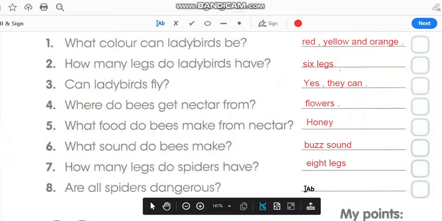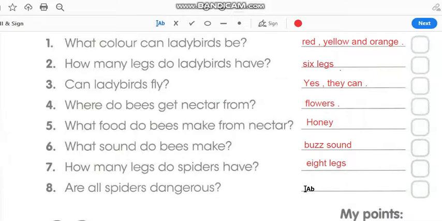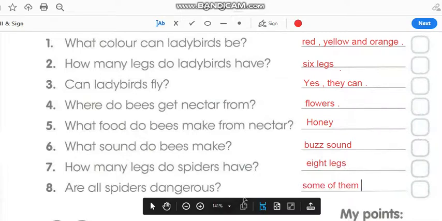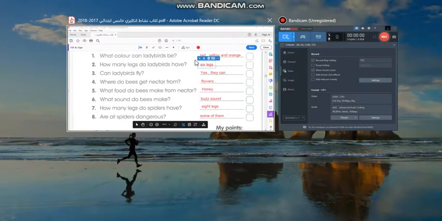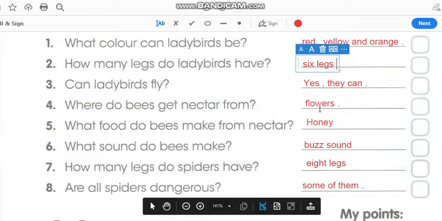Of course not all spiders are dangerous. Some of them are dangerous.